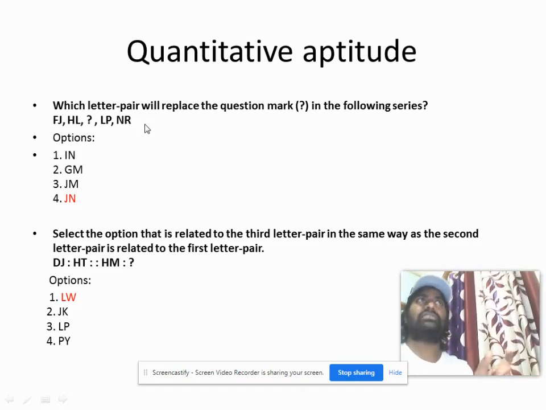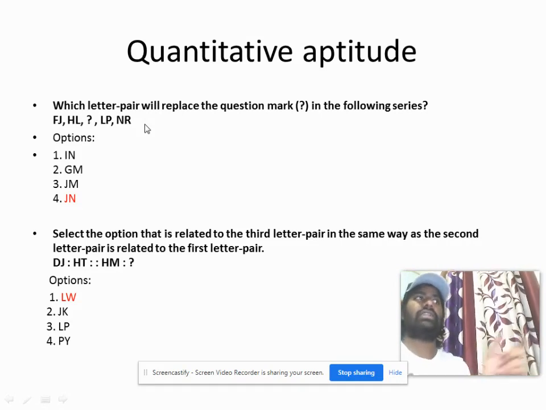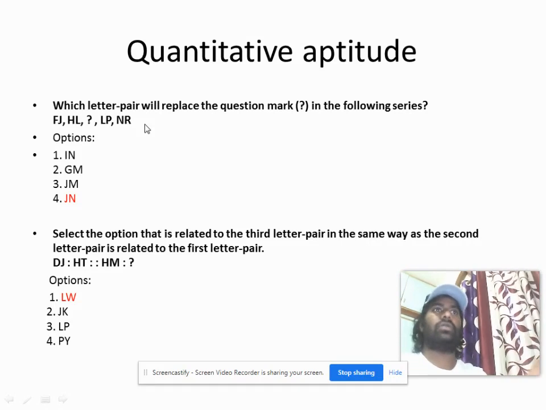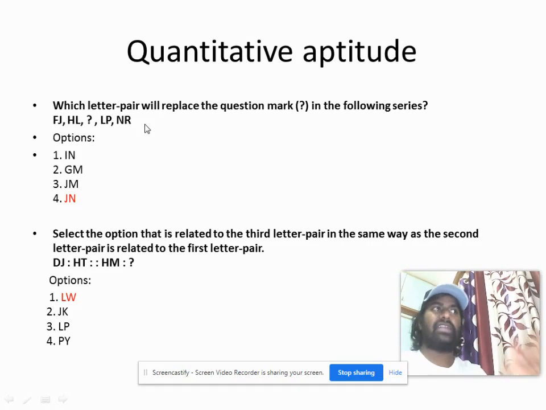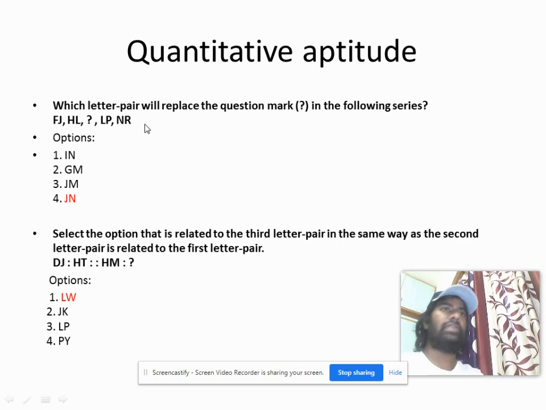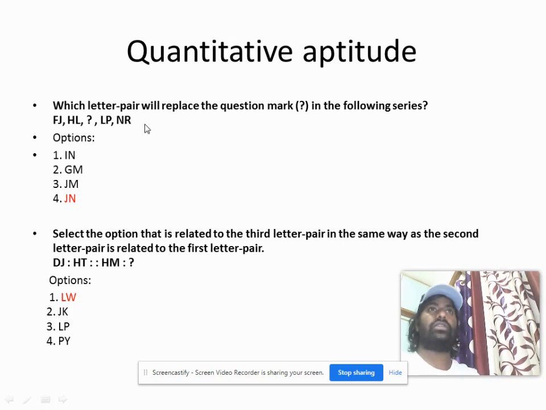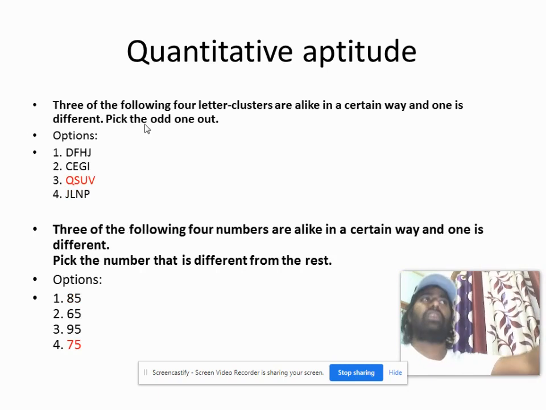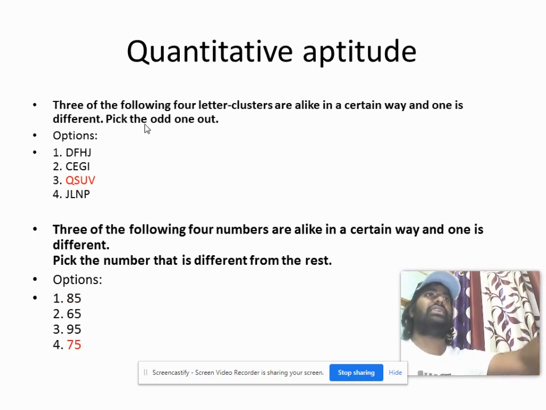These are successive series, and you should know the difference between the letters in an authenticated manner. Otherwise, you lose unnecessarily. You lose a single mark, and you'll get into a lot of trouble because of the negative marking. Three of the following four letter clusters are alike in a certain way. One is different. Pick the odd one out.